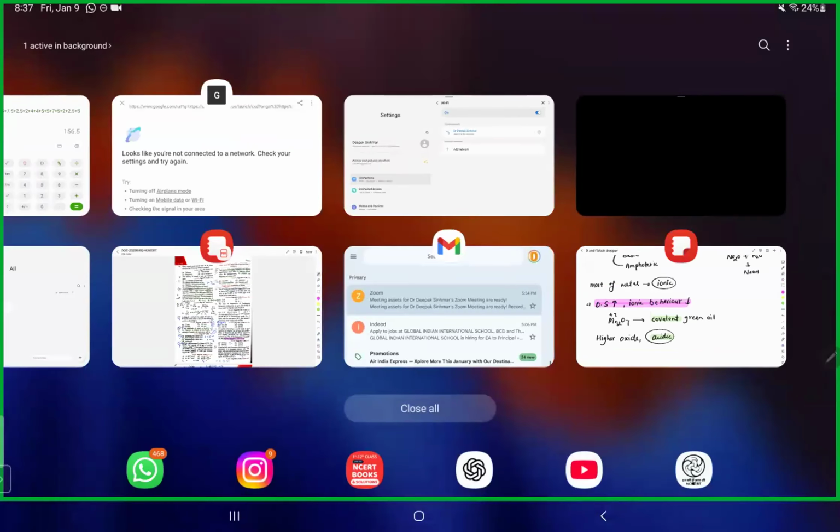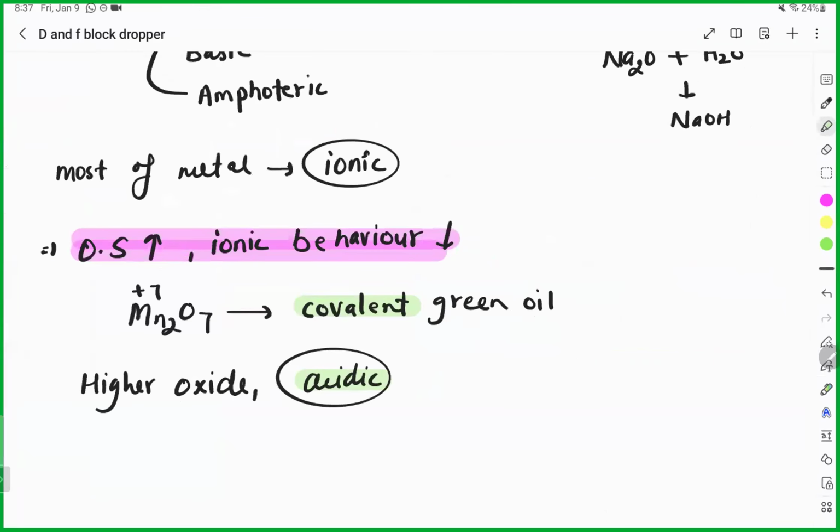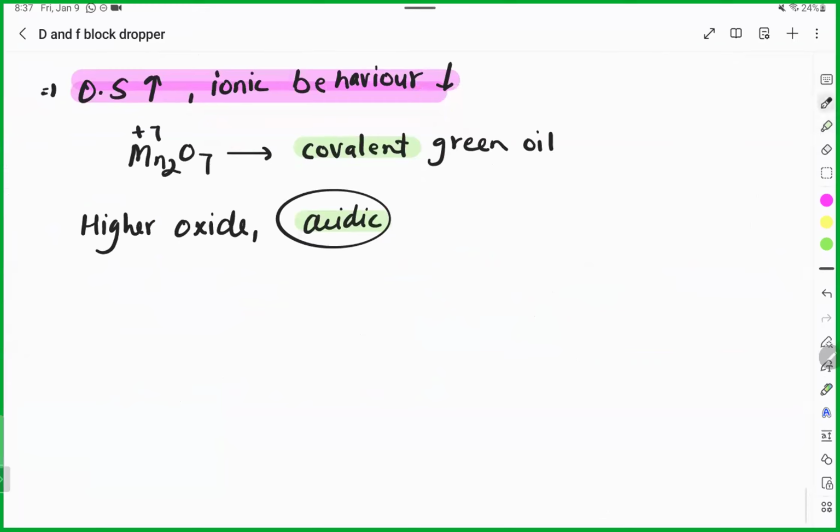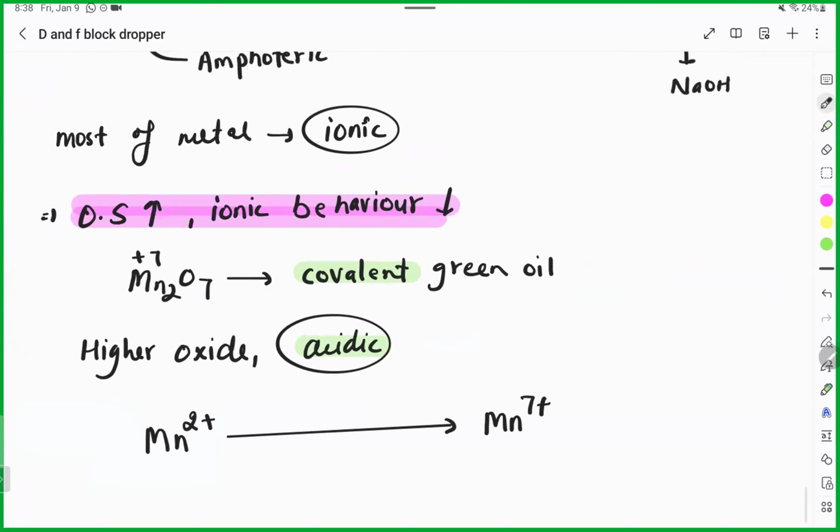That's why if you compare oxidation states, for example manganese +2 will be more ionic. But if it goes to manganese +7, it will be more covalent, more acidic in nature. And you know, if oxidation number increases, acidic character increases.